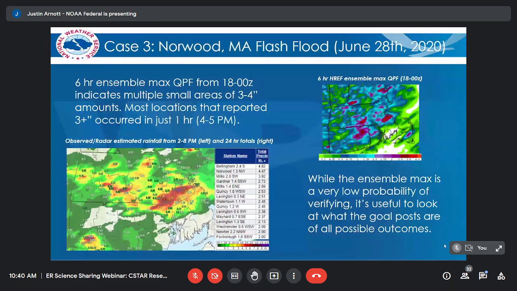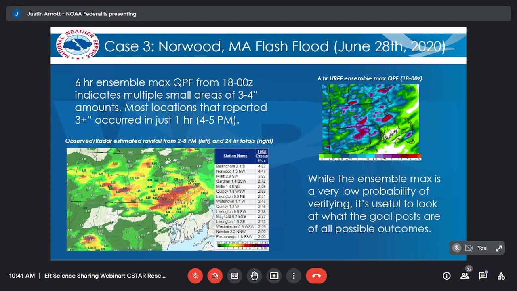So taking a look again, on the left-hand side you see the observed and radar estimated rainfall. The numbers on the screen are basically the observed rainfall, and the color shaded part of the plot is the radar estimated rainfall. In this case, you can see Norwood is in Norfolk County, so you can see the bullseye of the red and purple shading. Some of the reports show Norwood having over 4 inches of rain, and then just further west, almost 5 inches in Bellingham.